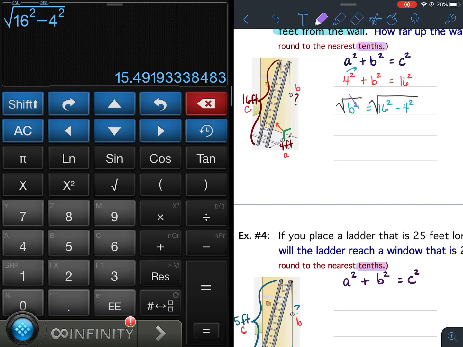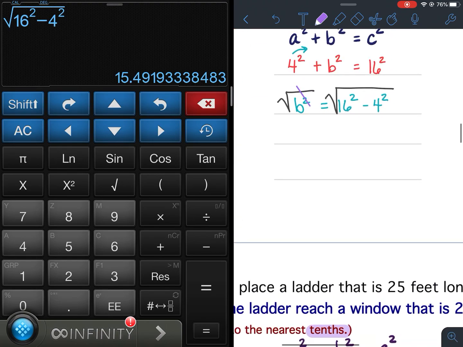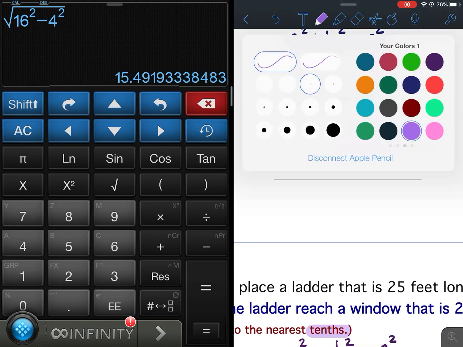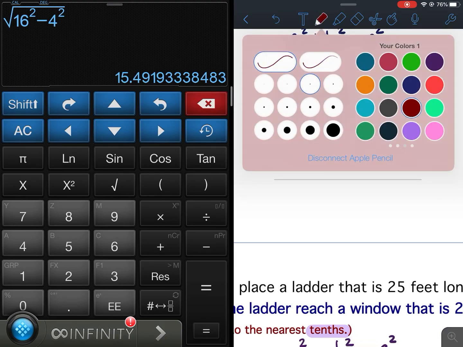Okay, so we know that B equals 15.4919 with the ellipsis. But we want to round that.